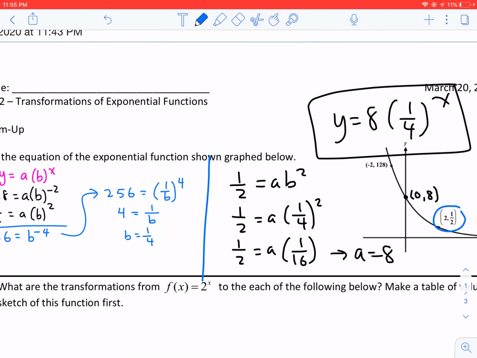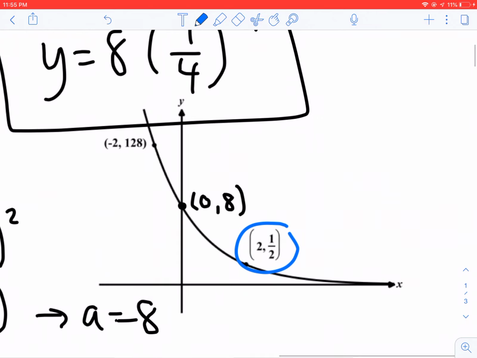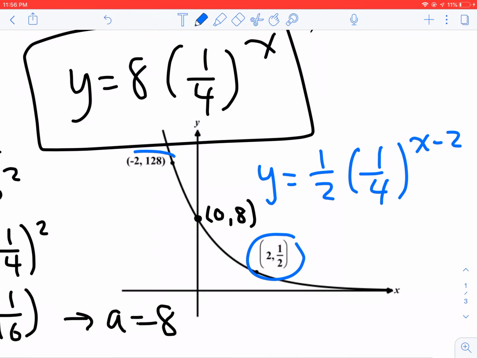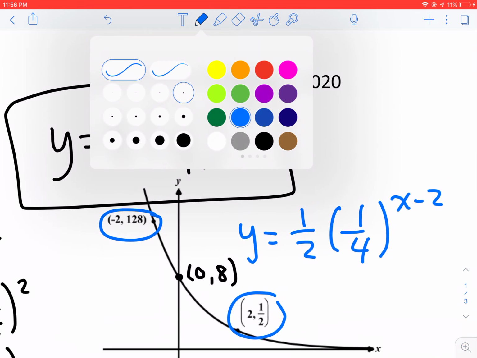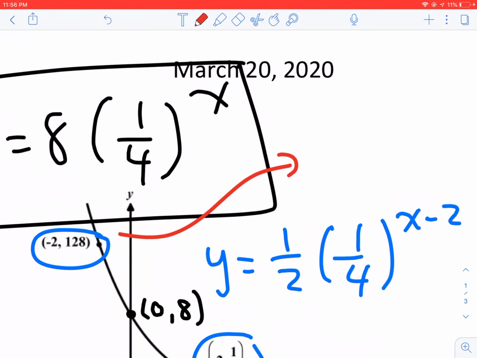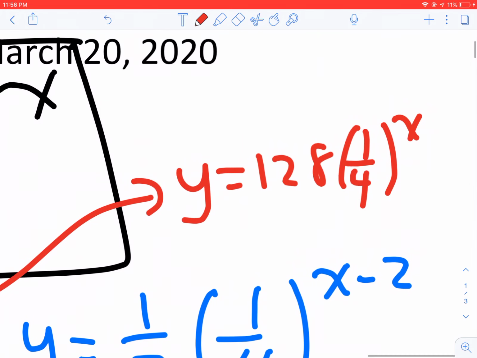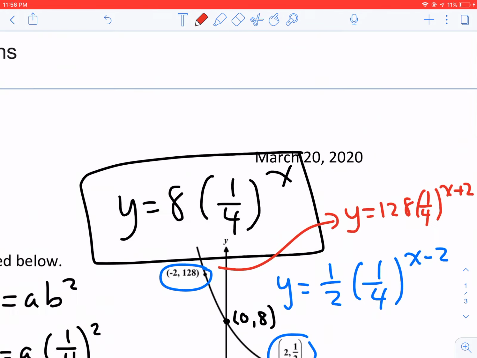So another way to write the equation is y equals a half times a quarter to the x minus 2 power. Or if I use the point negative 2 comma 128 to write the equation, that would look like y equals 128 times a quarter to the x minus negative 2, or plus 2, power.